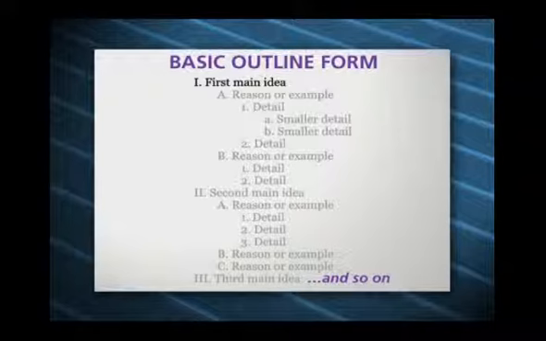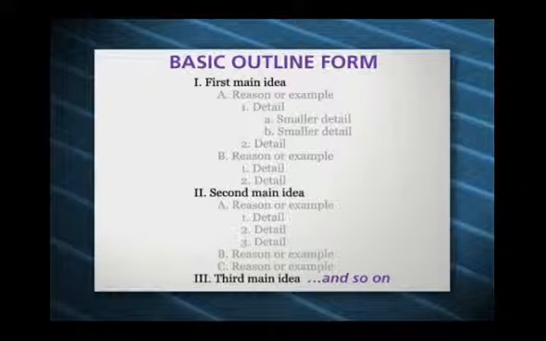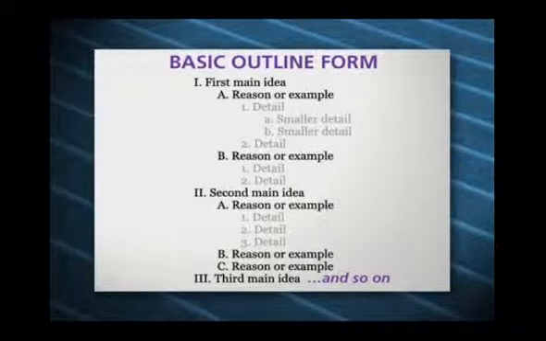Notice you've got your first main idea as Roman numeral 1, your second main idea as Roman numeral 2, and then you'd have your third main idea as Roman numeral 3, and so on. Most outlines for a paper that you've got about 45 minutes to an hour to write will have 3 to 4 main ideas. Then you have under your main ideas your reasons or examples.